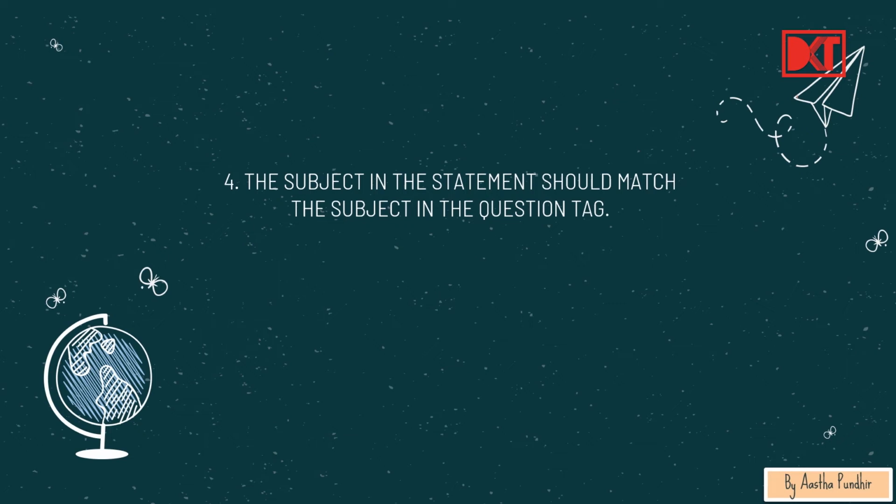Okay. Now another rule says the subject in this statement should match the subject in the question tag. So whatever the subject is in the statement, whichever statement we are given, negative or positive, accordingly, that subject should match the subject in the question tag. Alright.